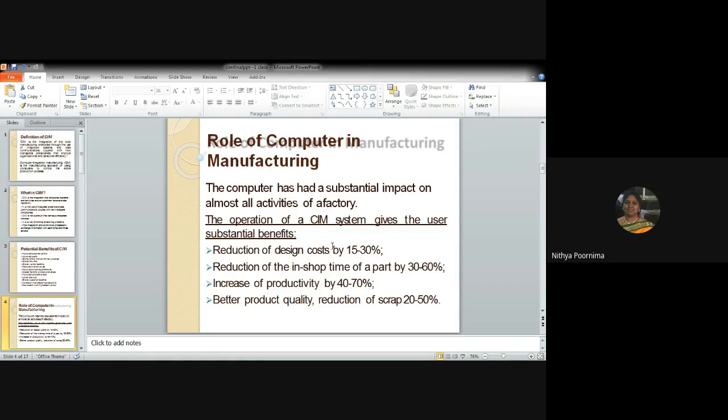I hope you all have visited Volvo industry, which is in Pune. Have you all visited there? Did you all go on the industrial visit to Volvo? Boys, did you visit Volvo?